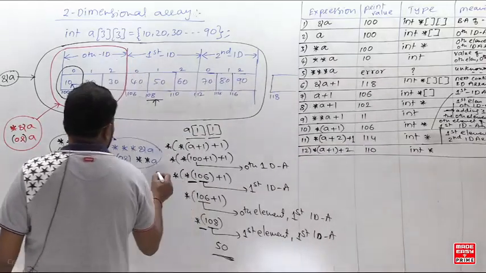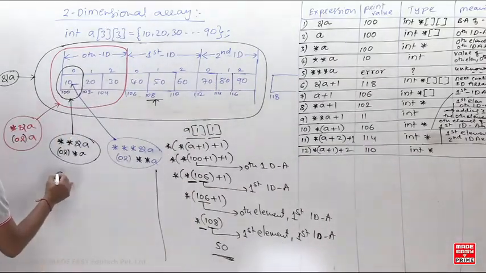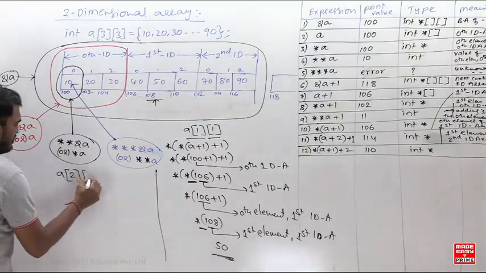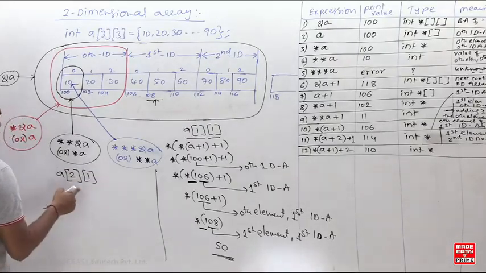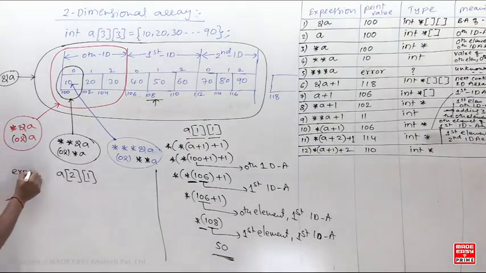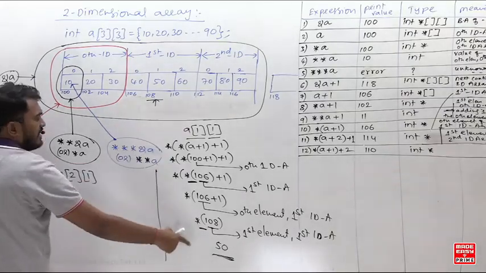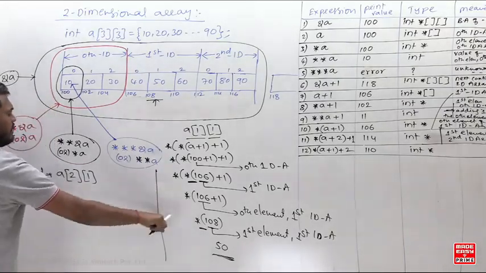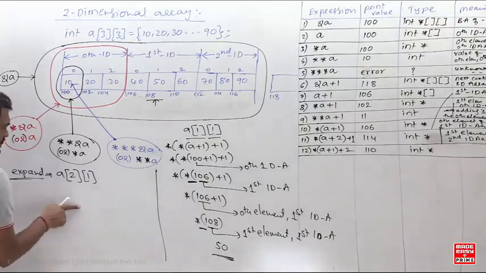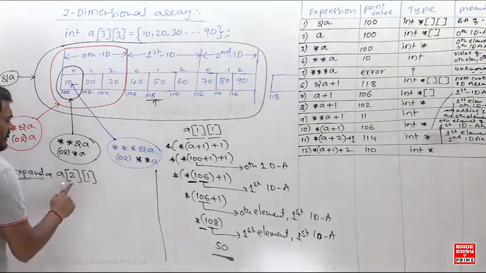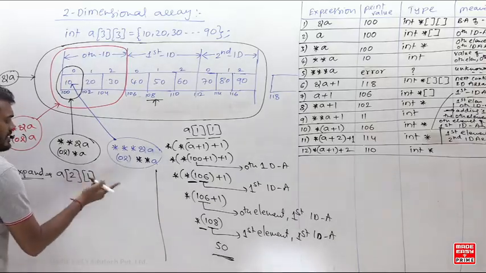Once you have copied this, then expand in the same manner. Expand A of 2, 1. Just expand this the way I have done, exactly in the same manner: how it is jumping, how it is pointing, to whom it is pointing.